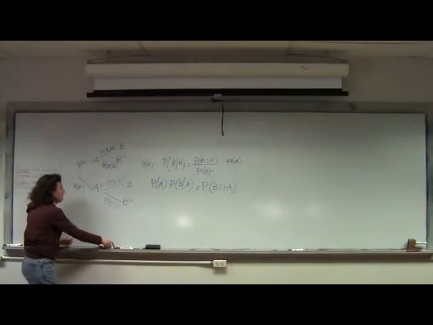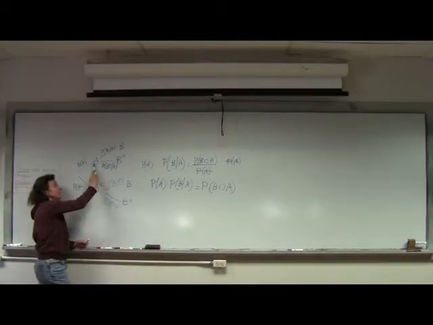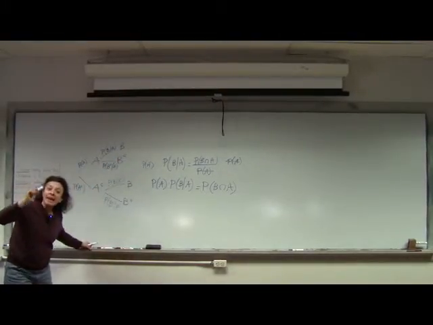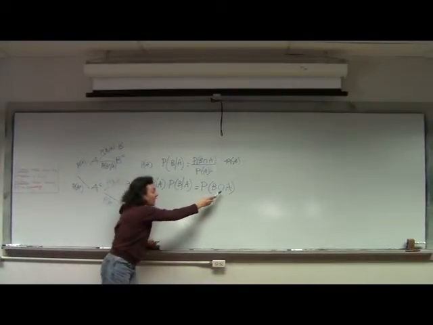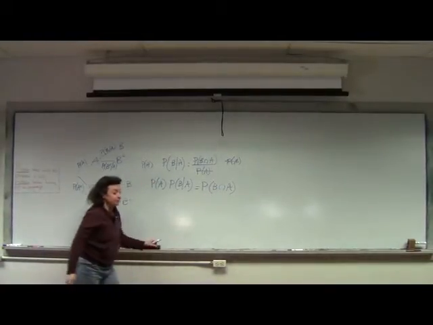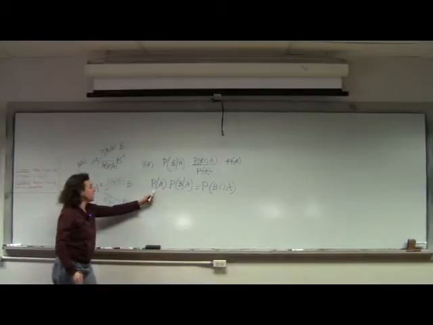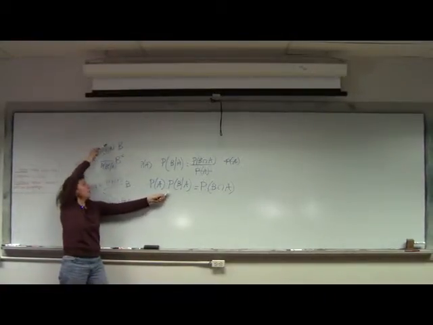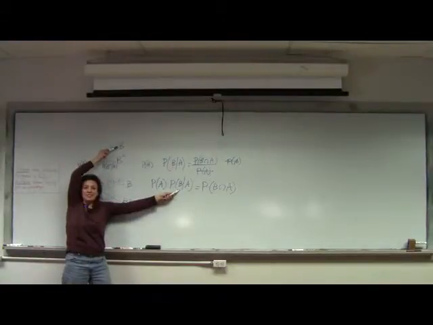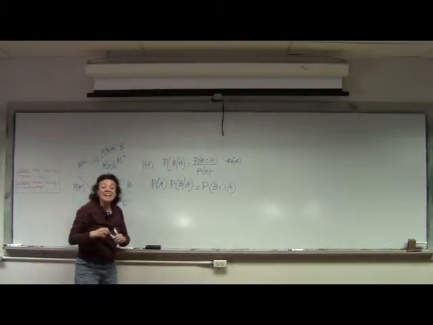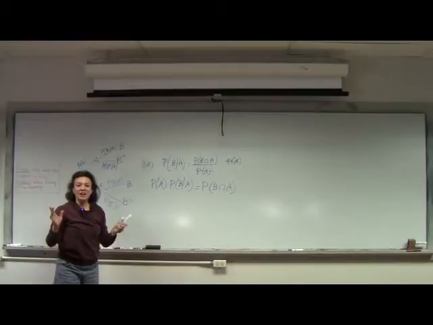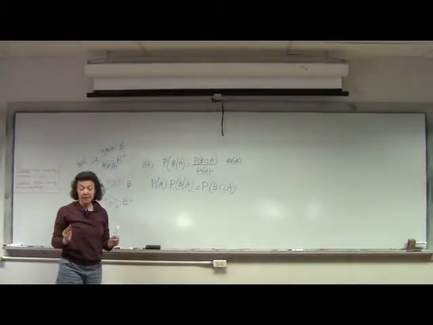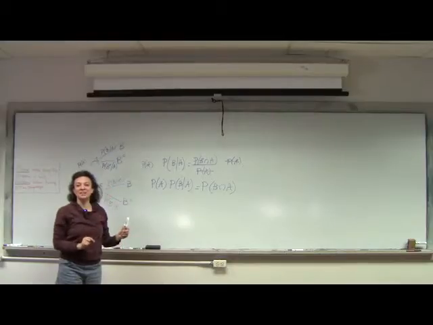So I claim this gives us a beautiful way of computing things. Suppose I'm interested in finding the probability of A and B. A and B means A intersect B. And what this formula tells us is take the probability of A and multiply it by the probability of B given A. In other words, to find the probability of any branch on your tree, multiply across.